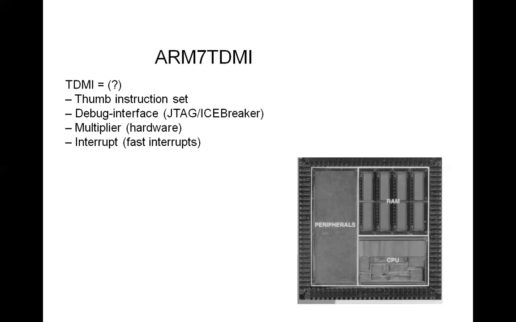So see what this TDMI is. Its core looks like this, as shown in the figure. T means Thumb instruction set. Actually this controller will work in normal mode as well as in Thumb mode, which means this core has two-way running capability.